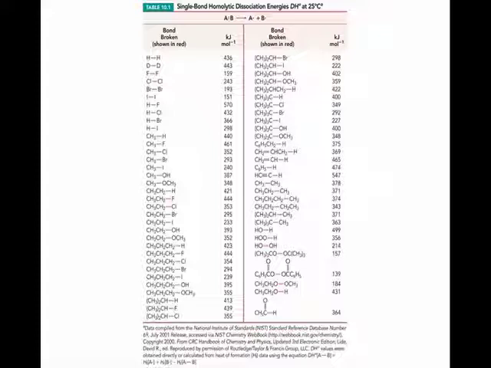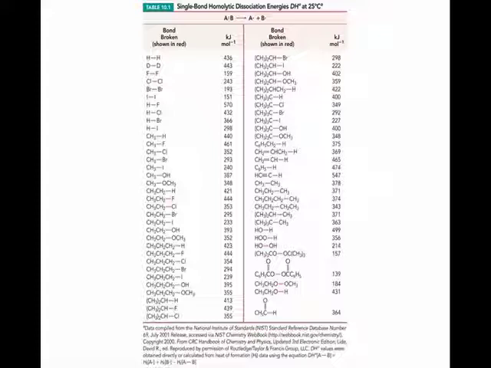Okay. What else can you tell me? These all have relatively low bond dissociation enthalpies, don't they, compared to other things?